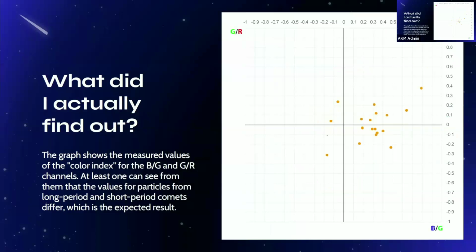Here we see some meteors from short periodic comets, Geminids and Jacobinids, or the Draconids. Here are Lyrids, Orionids, and here the Perseids and Sporadics. So that is expected.